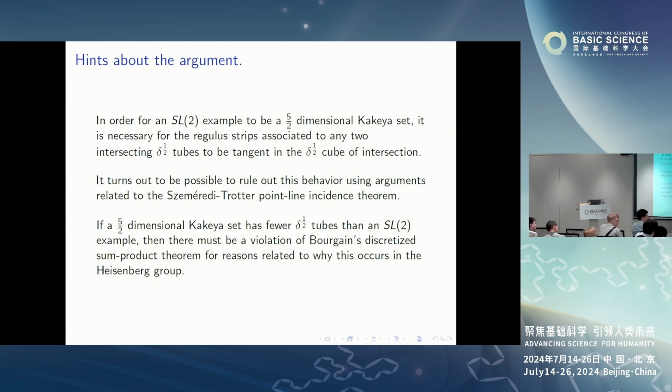So in 4 dimensions, Wolff's argument gives lower bound 3. And there are arguments that do not use the discretized Bourgain sum-product theorem that give you improvements over 3. And morally, the reason is that you do not necessarily see some sum-product theory until you get to 3.5.